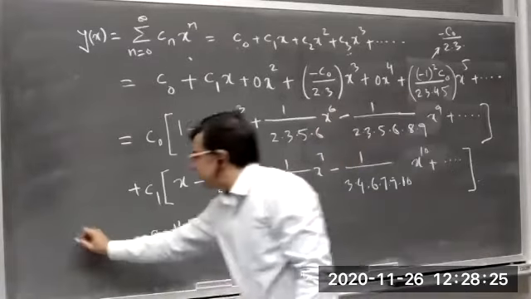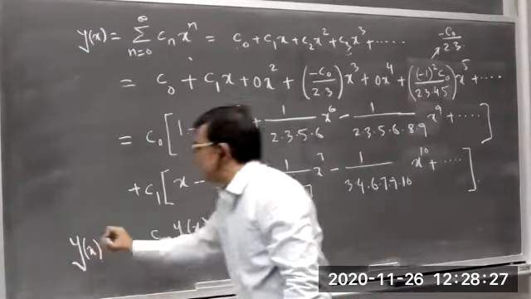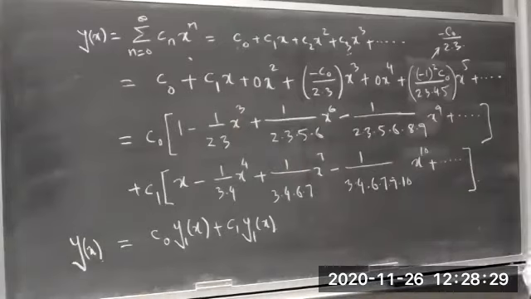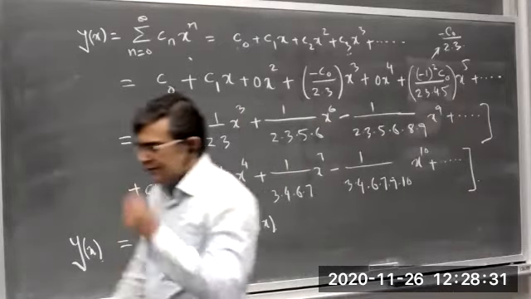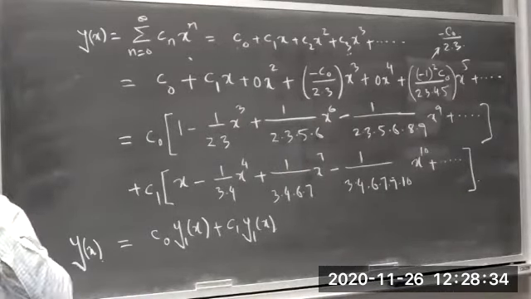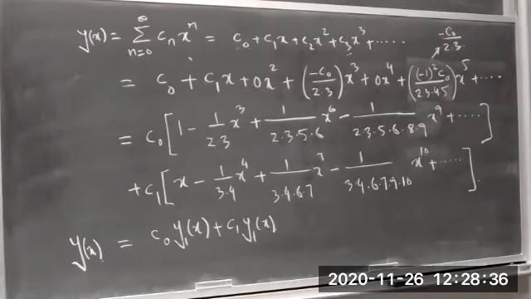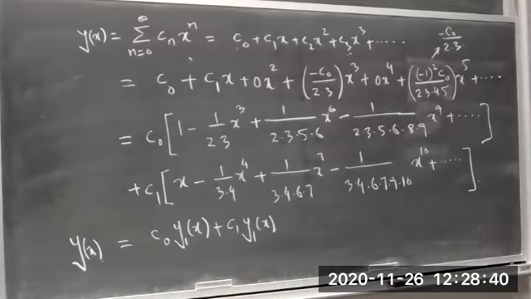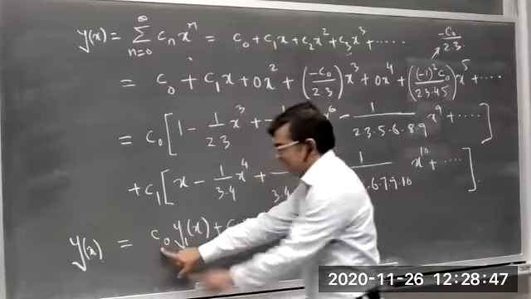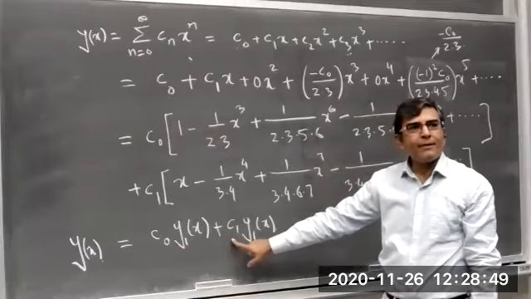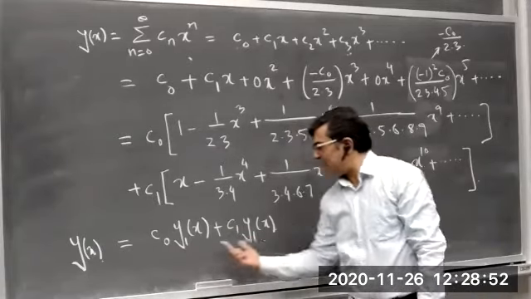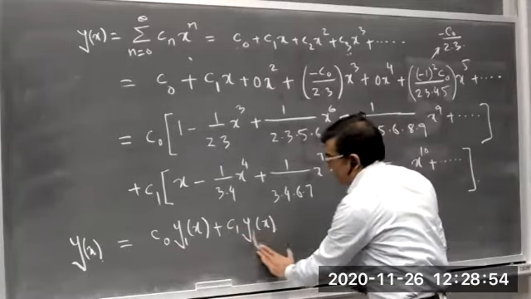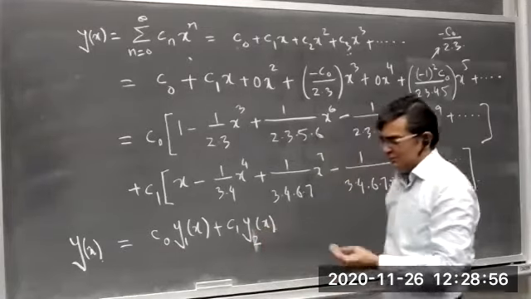So this is your general solution, and I hope you know that the general solution of a second order differential equation must involve two parameters. The two parameters are C0 and C1. The first solution is Y1, the second solution is Y2.